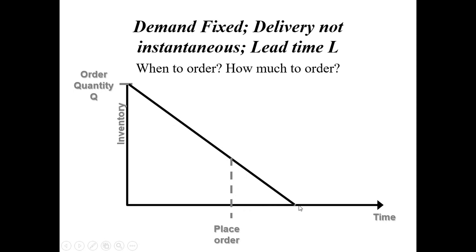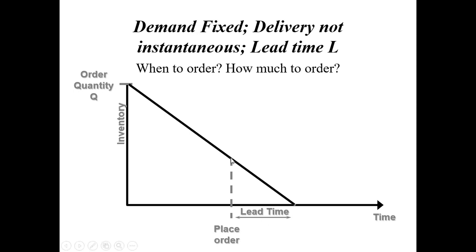Exactly after L time, which means the lead time, the items will be delivered. So we can make sure the items are delivered exactly at this instant, and then we wouldn't have any stock out situation. So this is when to place the order.